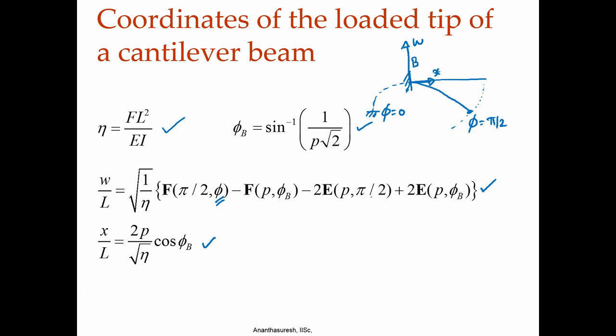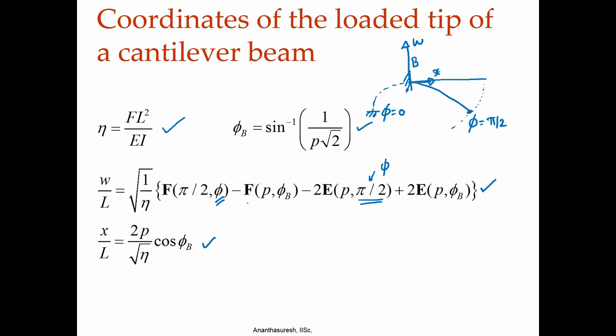In fact, this angle that we have should not be pi by 2, it should be phi b, and this should also be phi for any angle. Pi by 2 is at the end, so this should be changed to phi. That is what we have, we can get any point, right.